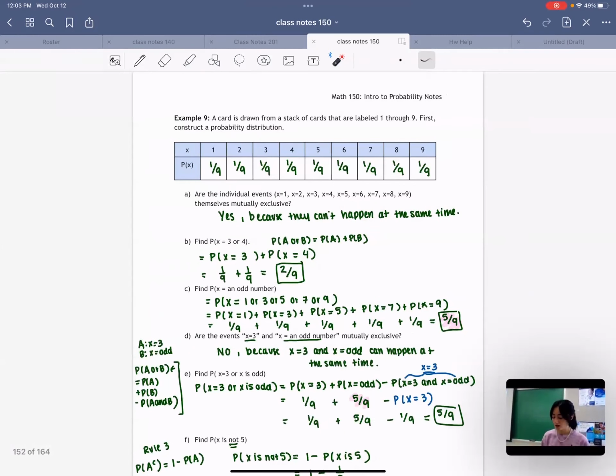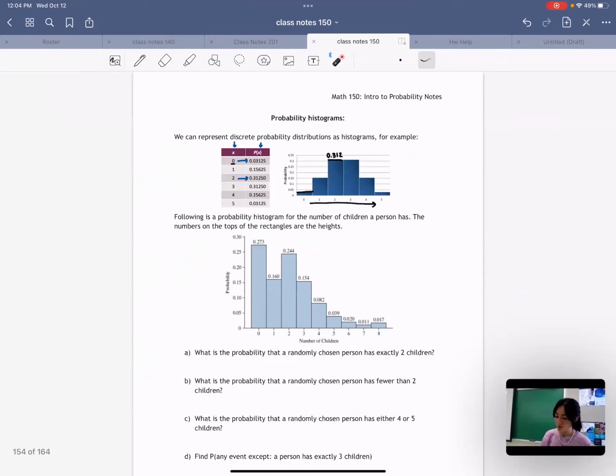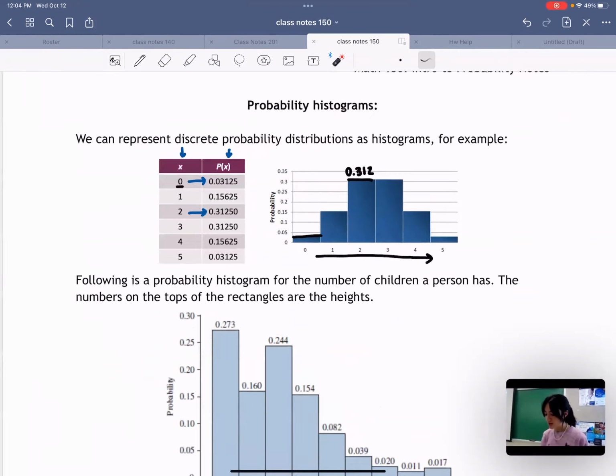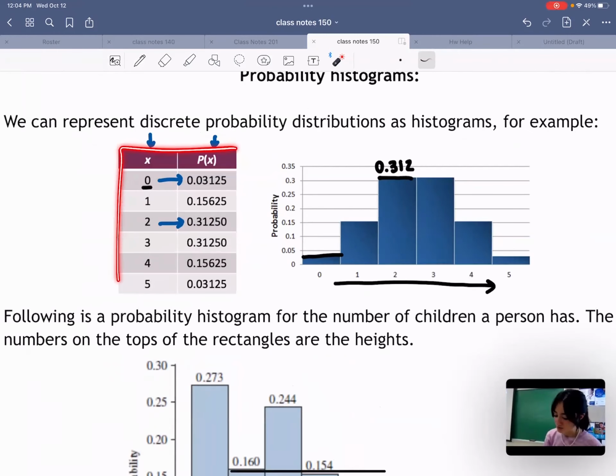Let's see how we can apply them in a different way other than just a chart, because we talked about probability histograms, right? We can represent discrete distributions, which just means we can describe them using whole numbers instead of fractions, with probability histograms. Let's say I had a probability distribution that looked like this.